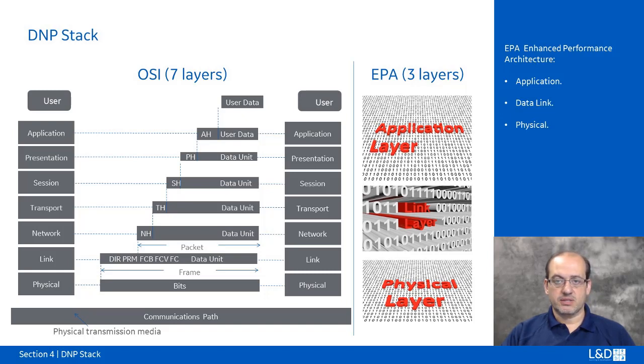But at the end of the day, the layers adopted by the DNP protocol were the EPA layers, right? And that's the application layer, the data link layer, and the physical layer.